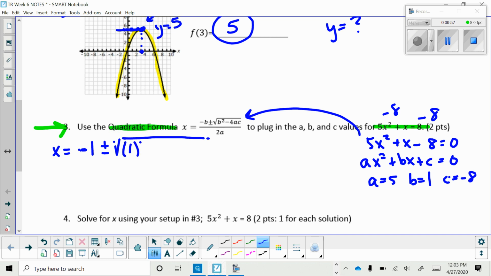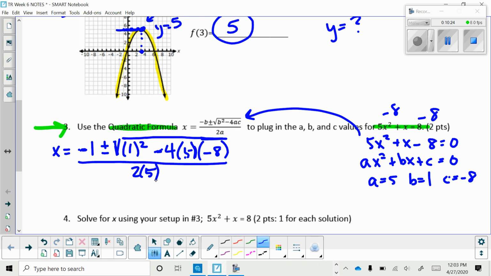So that's 1 squared minus 4. That's part of the formula. a is 5. I'm going to put that in parentheses. And c is negative 8. Be careful with that negative, that you put it in parentheses and you know that it's there. All of this is over 2 times a, which is 5.